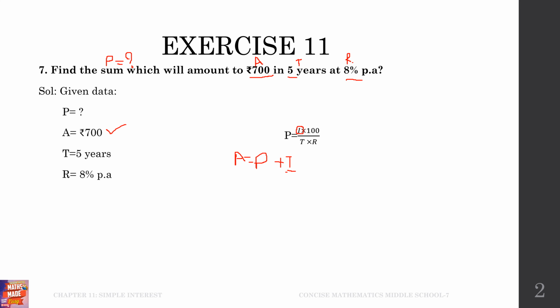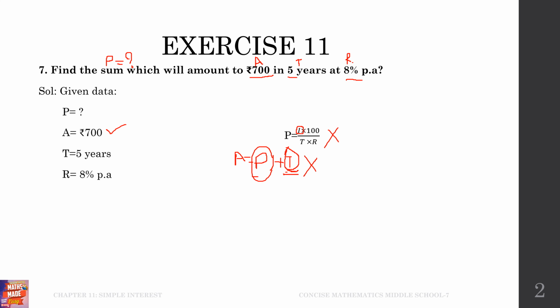Previously I have used this formula for getting the interest value, but in this problem it is not possible because look here children, you don't know the value of principal as well as interest, isn't it? You can find a value only if you don't know a single value, but here you don't know two values. Then how will you find out the interest? You cannot. So even by using this formula you cannot find the interest or principal.